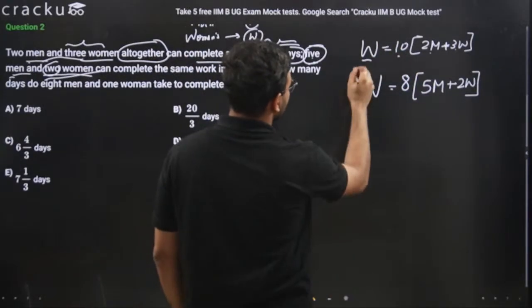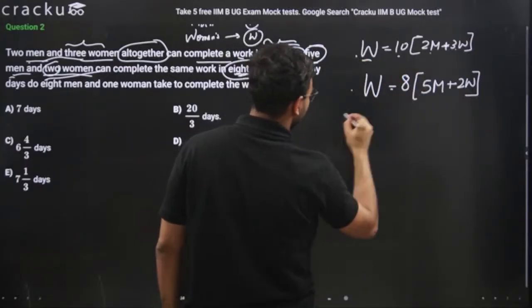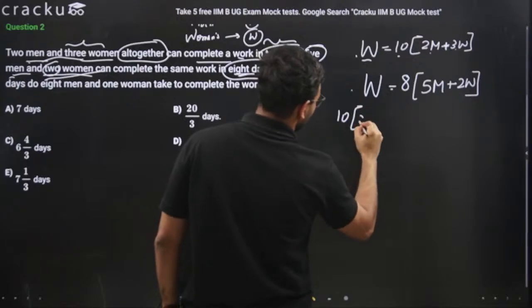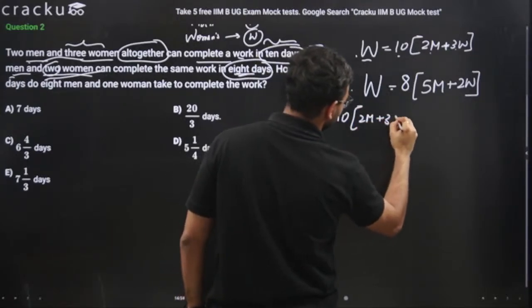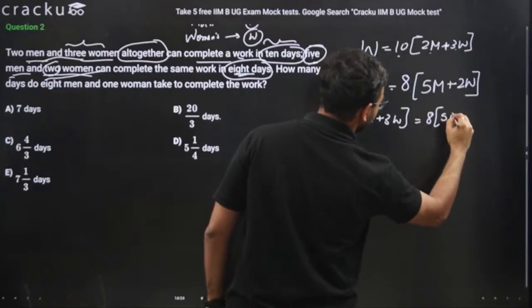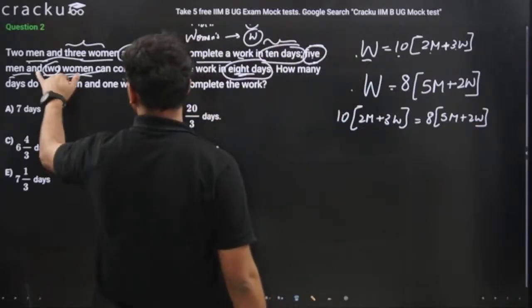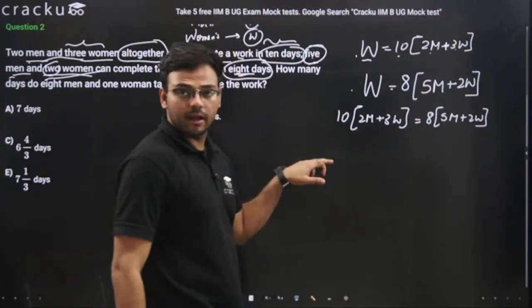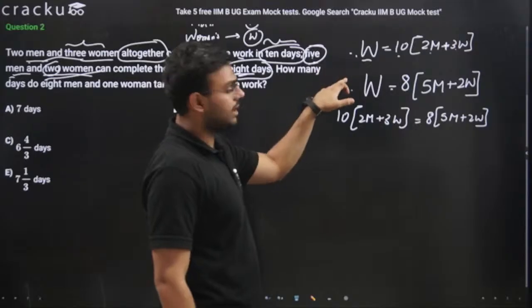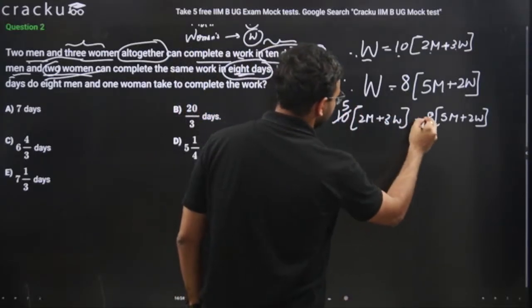Now what we'll do, we'll compare these values. So 10 into (2M plus 3W) is equals to 8 into (5M plus 2W). We can compare these because both of them are doing the same piece of work W. So this goes by 5 and this goes by 4.